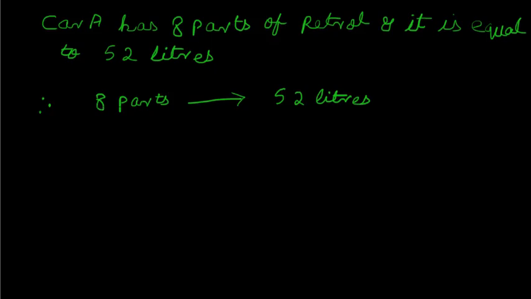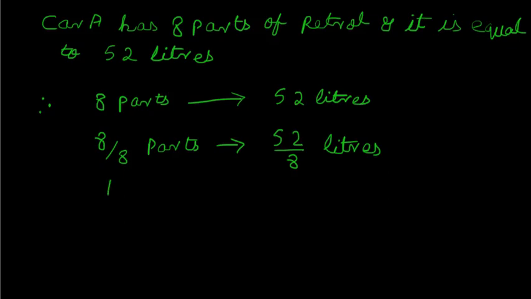So 8 parts divided by 8, and here also dividing by 8. We get 1, and that is why we usually call this the unitary method. So 1 part is equal to 52 over 8, and we can do the calculation and cancellation later on.